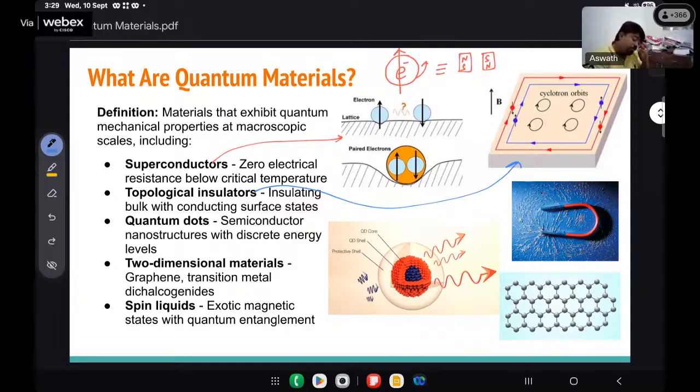Here I have shown semiconductor-based quantum dots. They are very small nanostructures with discrete energy levels. Inside a semiconductor crystal, we can confine the electron to some location, and in that way we can realize a quantum dot.